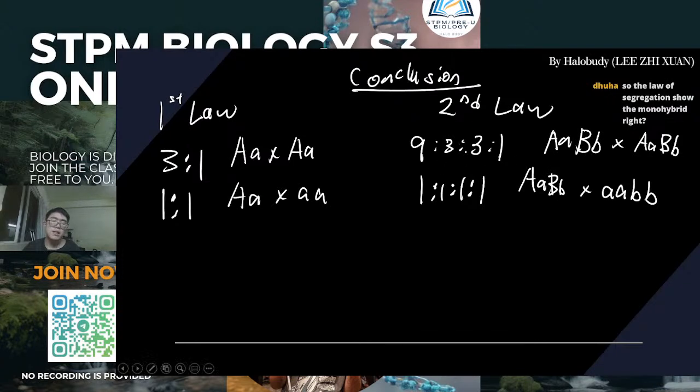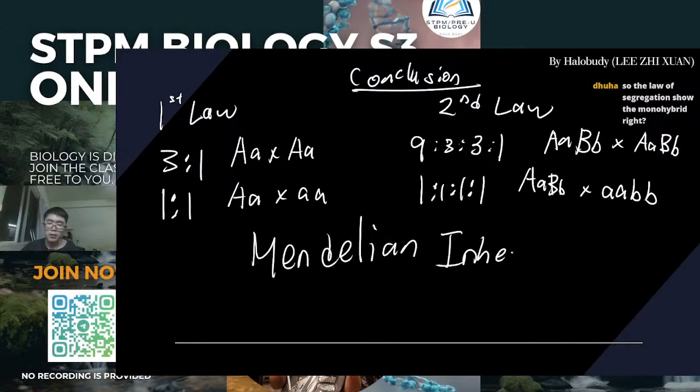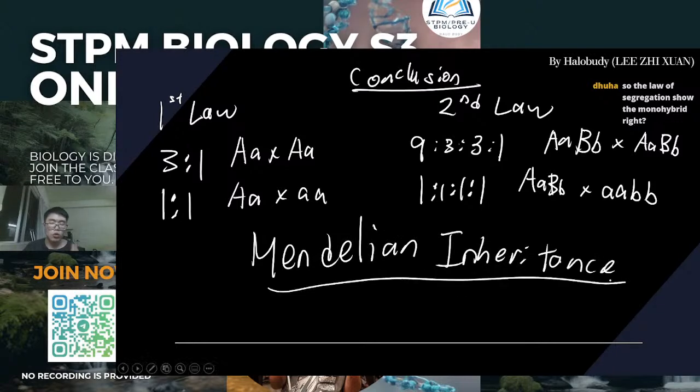So these are all the ratios that you need to know for Mendelian. You have to know it about the theory. Why? Because when you proceed to non-Mendelian, all of the ratios obtained in non-Mendelian are also according to the Mendelian one.